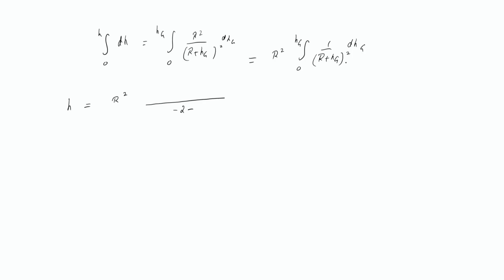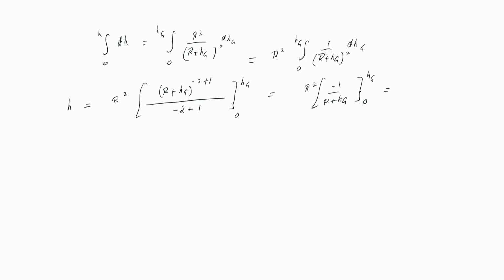In the denominator we have minus 2, so this becomes minus 2 plus 1, and r plus hg will be to the power minus 2 plus 1. So finally we can write here r square into minus 1 upon r plus hg, 0 to hg.